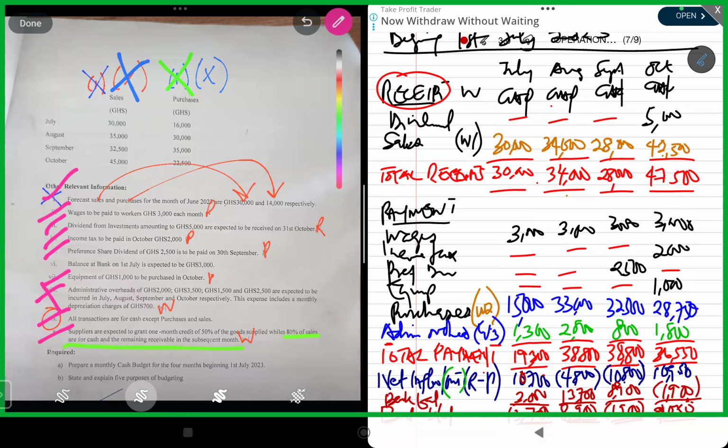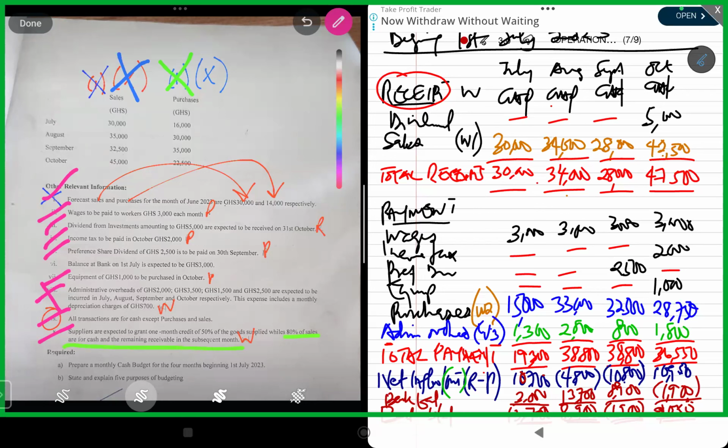Or deficit when the total payments are more than the total receipts, so that one we have a negative value. So we had 10,700 net inflow or surplus. We had 4,800 deficit or outflow, which was negative. We had 10,800, which was an outflow or deficit. And we had 10,950 for October, which was a net inflow or a surplus.